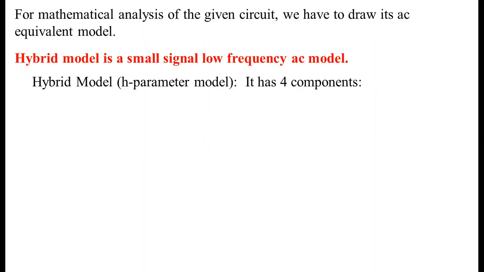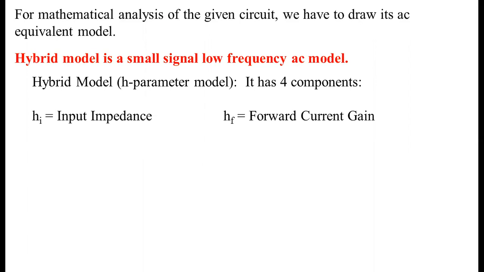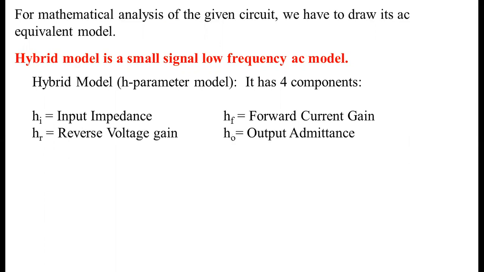Hybrid model, as we discussed in our earlier sessions, has 4 components. HI, that is the input impedance, HF, that is the forward current gain, HR, reverse voltage gain, and HO, that is the output impedance. Using all 4 parameters, we draw the hybrid model of the BJT.